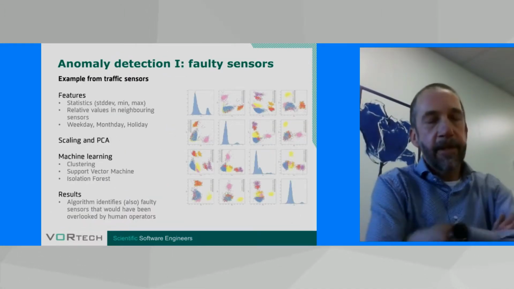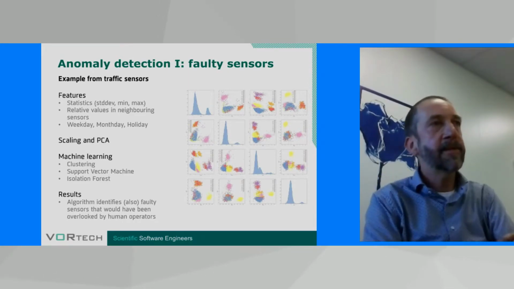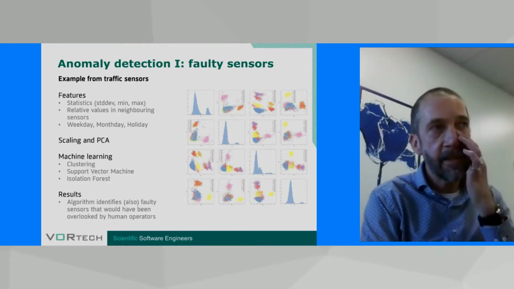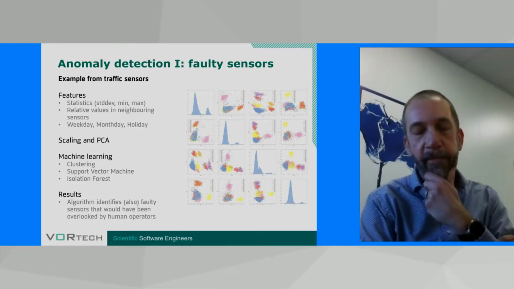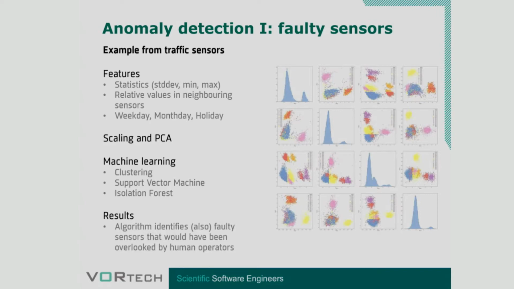So the first thing that I would like to discuss is a form of anomaly detection. And this comes from a different field, actually, from traffic sensors. But I think the way we handle this carries over also to other kinds of sensors. So I thought it might be interesting to discuss this.